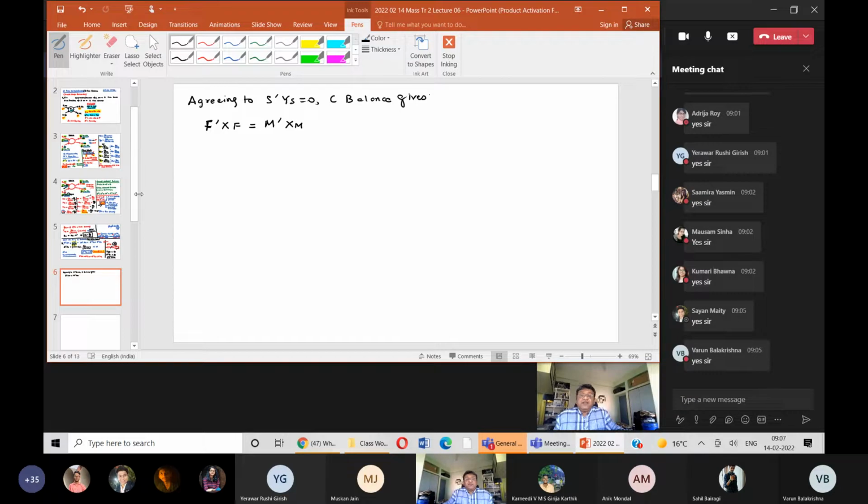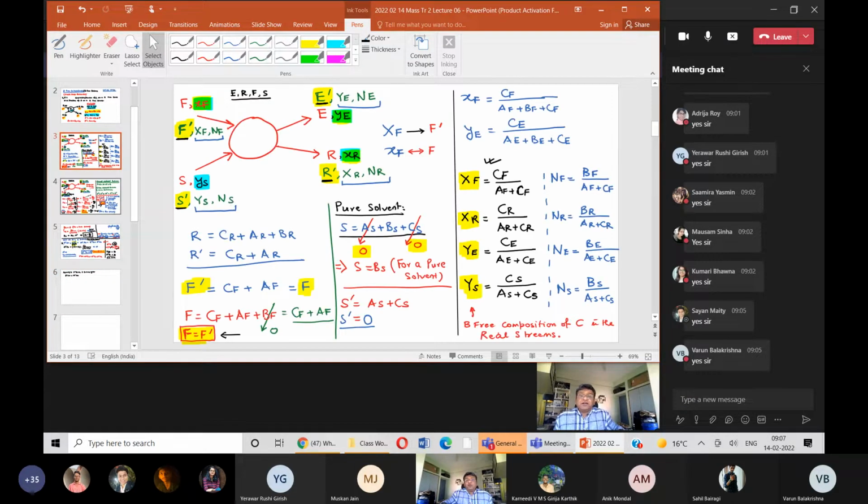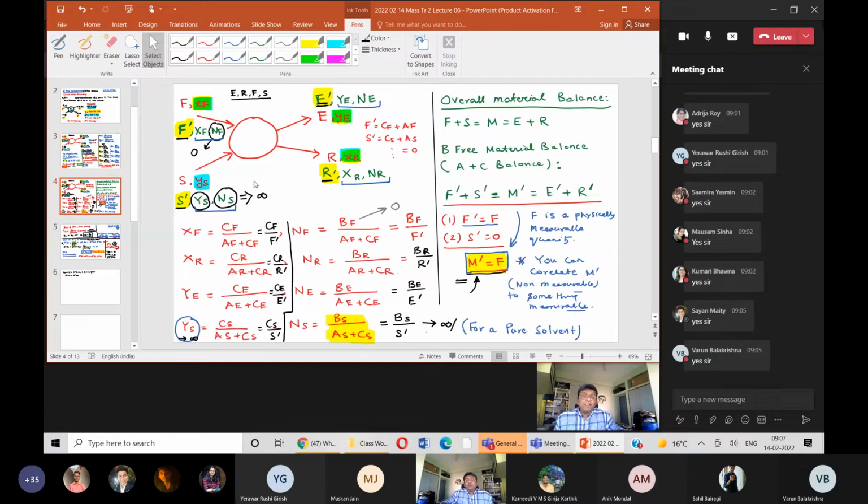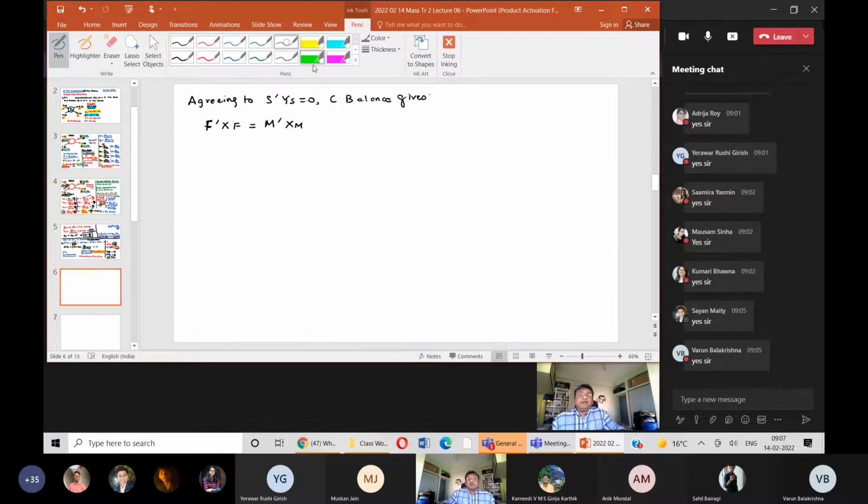And what are the things we have proven before? What we have proven before is m dash is equal to f, right? And f dash is also equal to f. So we have already proven, we know f dash is equal to c in f plus a in f, and is equal to f.